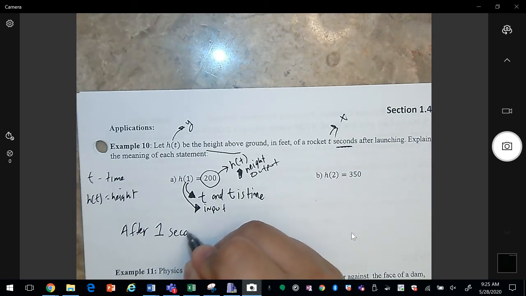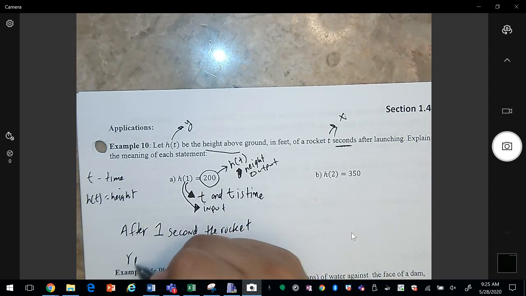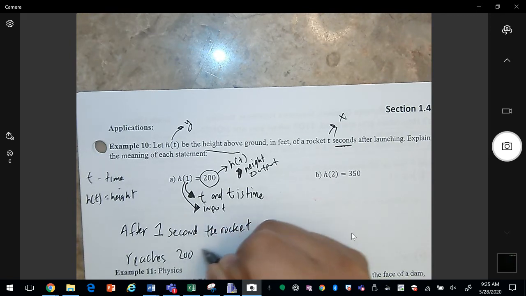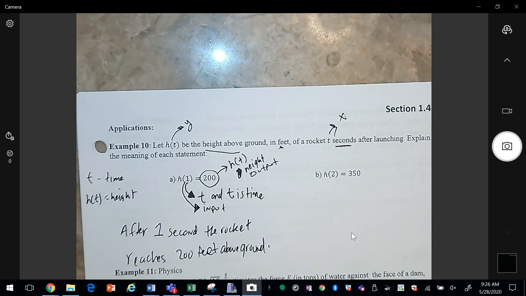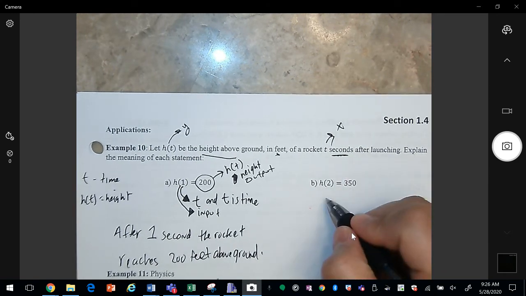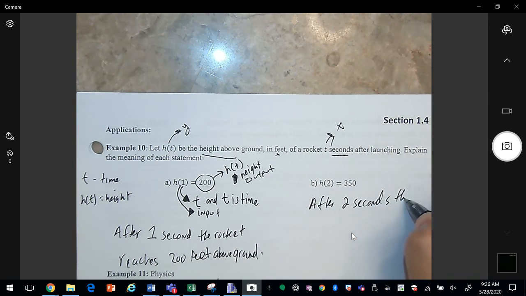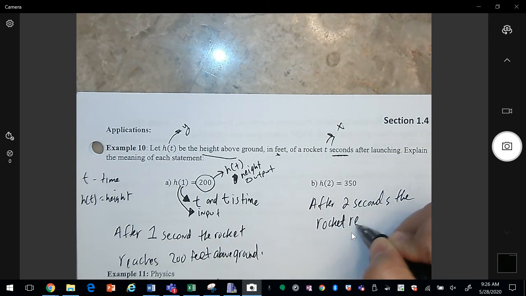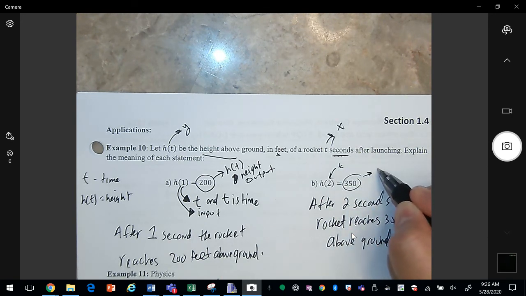So after 1 second, the rocket reaches 200 and the height is in feet above ground. Okay. And then the same for h of 2. After 2 seconds, the rocket reaches 350 feet above ground. Okay, so again, the number inside represents t. The actual answer is h of t.